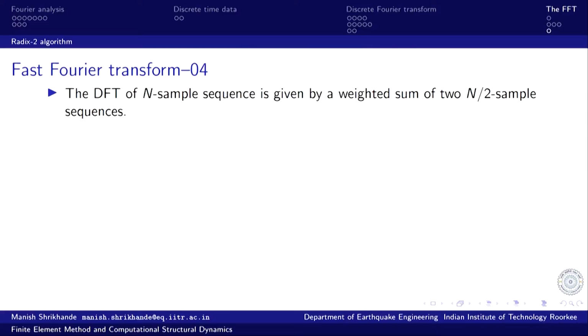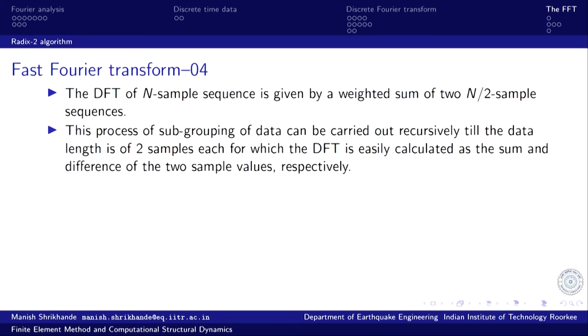So, in this, what we have done here is that the DFT of an n sample sequence is given by a weighted sum of DFTs of n by 2 sample sequences. This process of subgrouping of data can be carried out recursively till the data length is 2 samples each, for which the DFT is easily calculated as the sum and difference of the 2 sample values respectively.